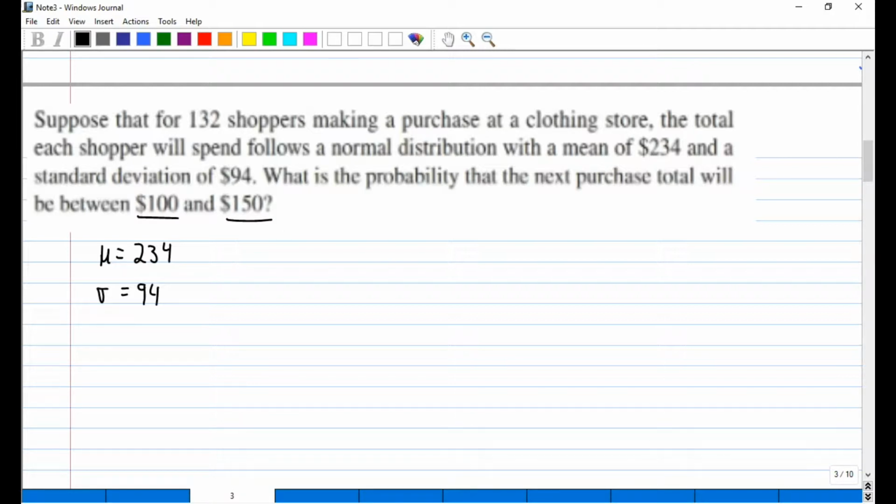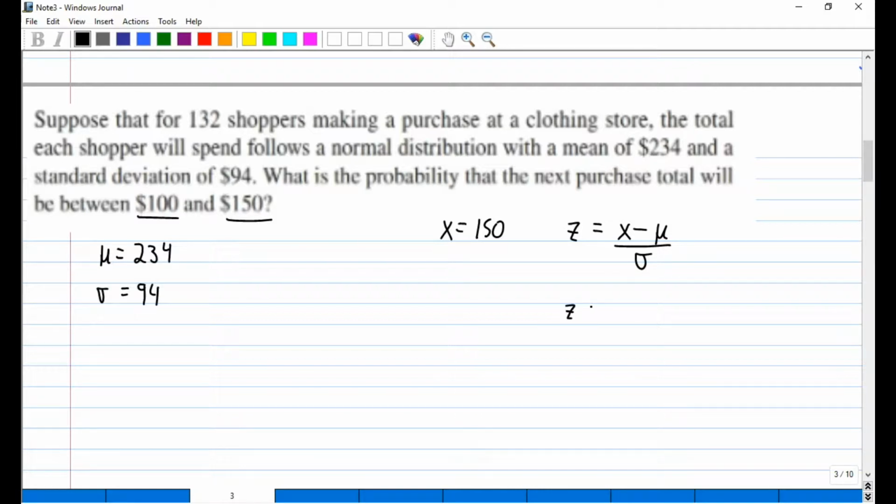Okay, so anytime we're trying to find a probability between two values, that's when we're going to have to do two Z-scores. Okay, so let's first do the one for the bigger number. So I'm going to let x equal 150. And my formula is z equals x minus mu over sigma.